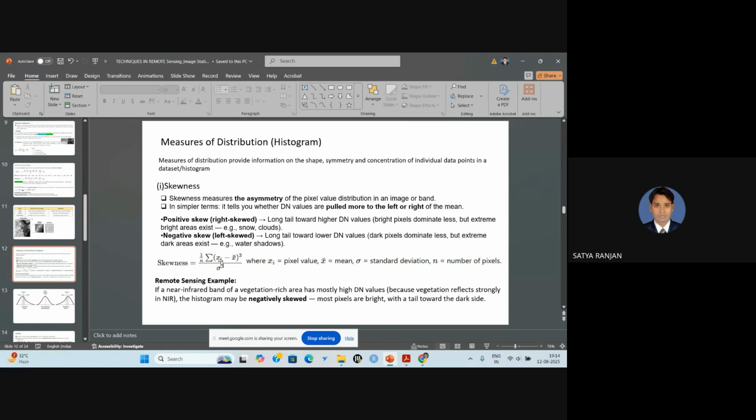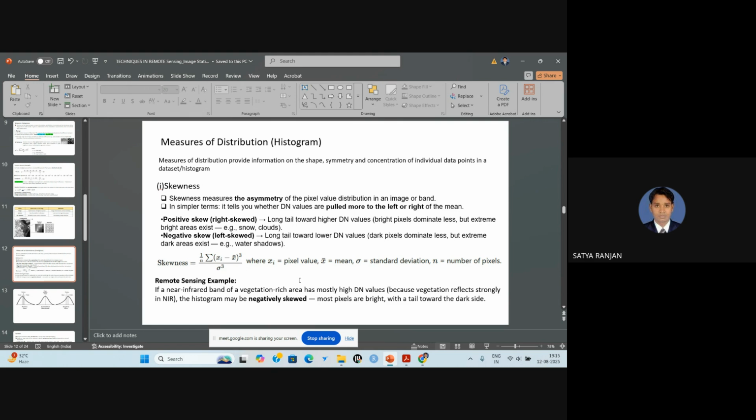This is the formula, where xi is the pixel value, x bar is the mean, sigma is the standard deviation, and n is the number of pixels. Skewness is 1 over n, summation of xi minus x bar cubed, divided by sigma cubed. This is one of the formulas.